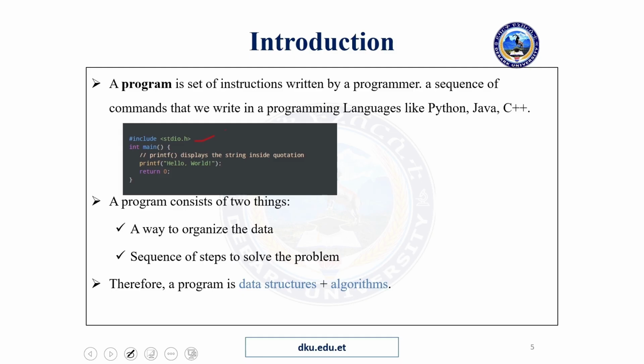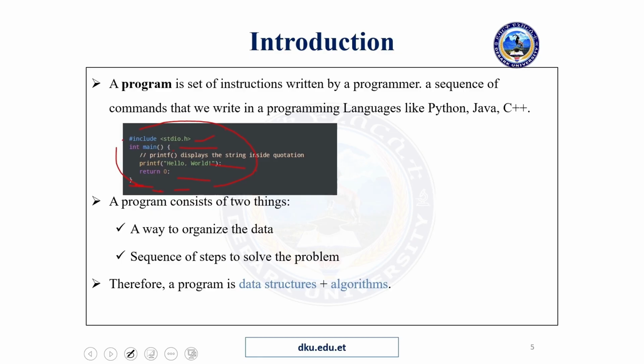This is the first instruction. This one is another instruction, and this one is another instruction, and this one is another instruction also. So the whole thing is known as a program. This is known as a program, and this is written in the C programming language.